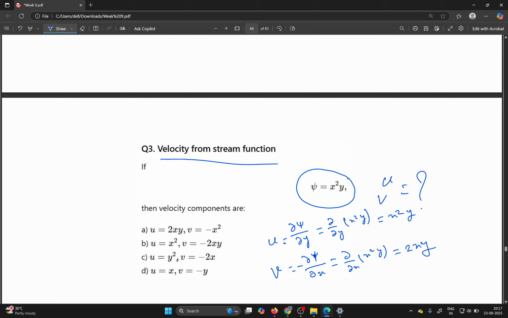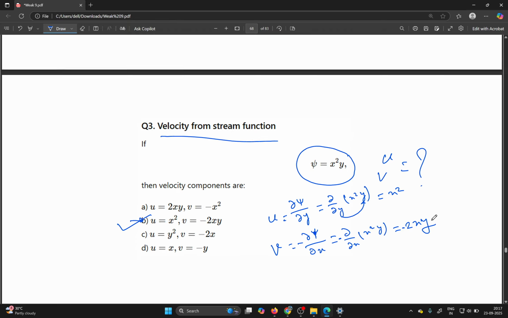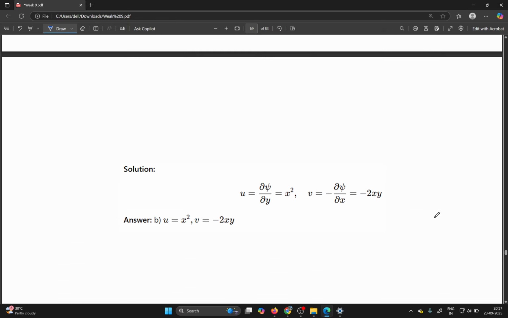Oh no, sorry, if you are differentiating with respect to y, y will not be here. So only x square, yes, this is option B, and minus is already there, so you need to put minus here, so minus 2xy. So option B will be correct. So remember this. Here the solution is given, very clear.